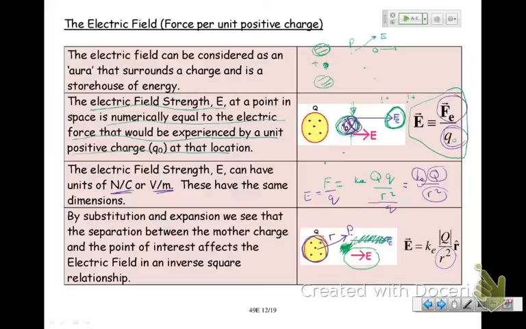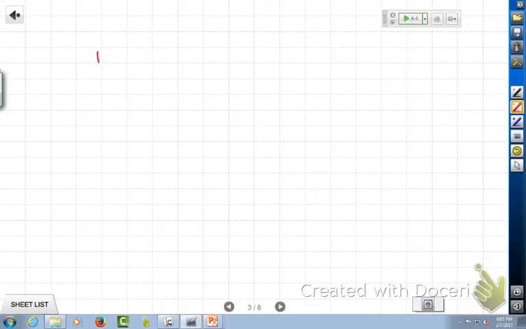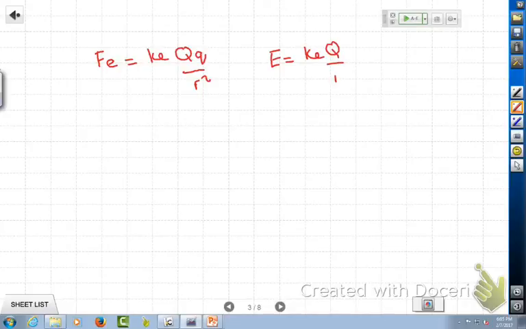By the way, let's just have a look at this. So we said that Fe was equal to Ke, big Q, little q, over R squared. And now we've said that E is equal to Ke big Q over R squared.